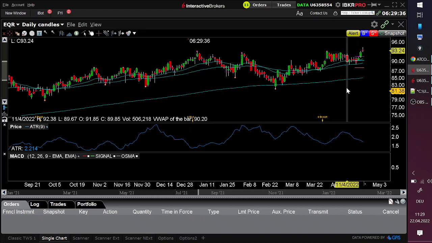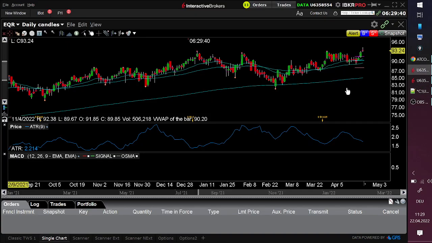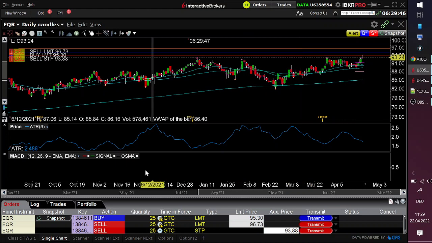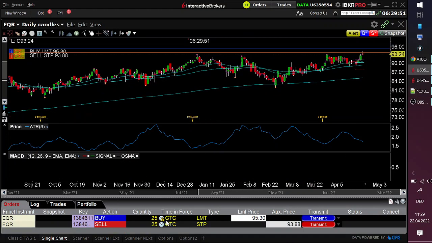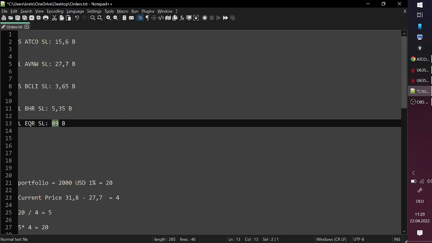How many times does $3 or $4.20 fit into 20? Not many times. So let's go. I buy, I kill the limit order, and then I put this into market, and then let's do this for you guys.